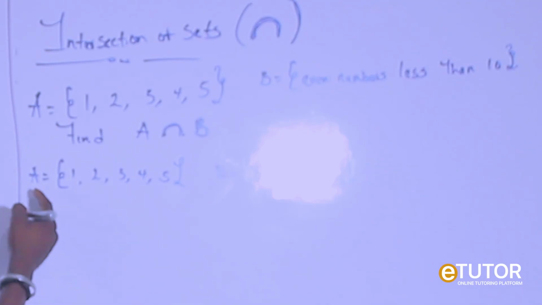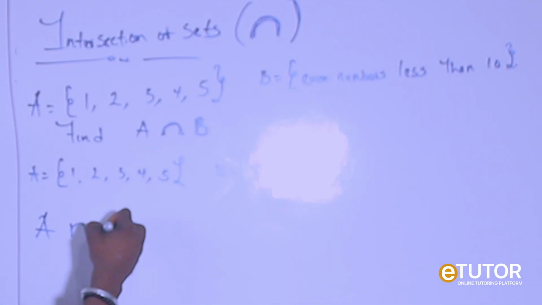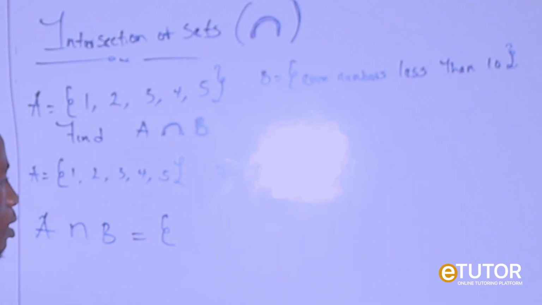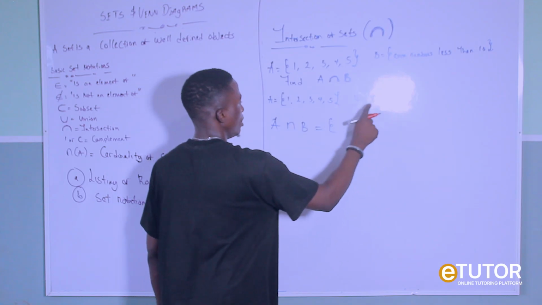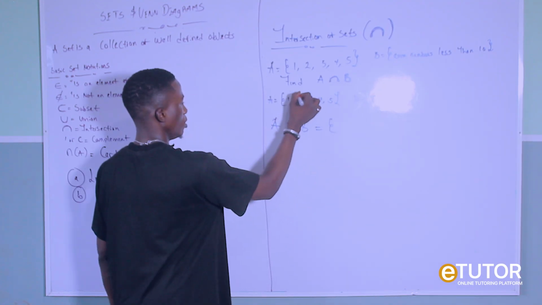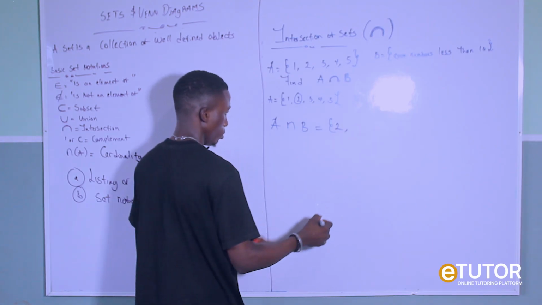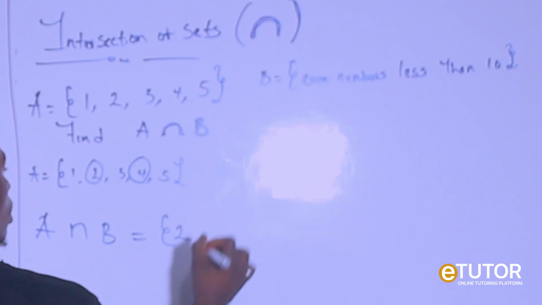So this is set A, while this is set B. So my A intersection B is equal to, now intersection means the common elements to each set. So what do this set and this set have in common? They have 2 in common, and they also have 4 in common.